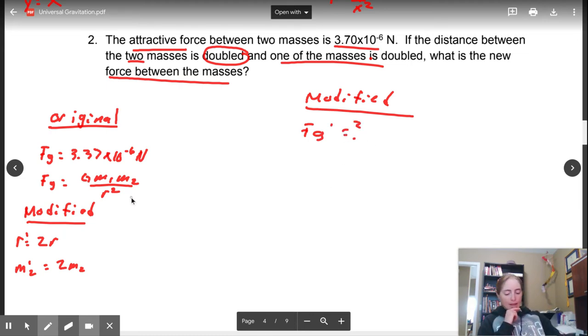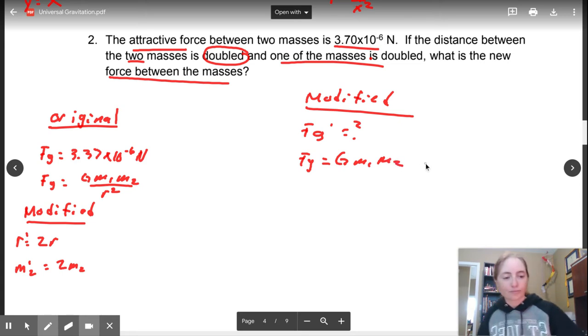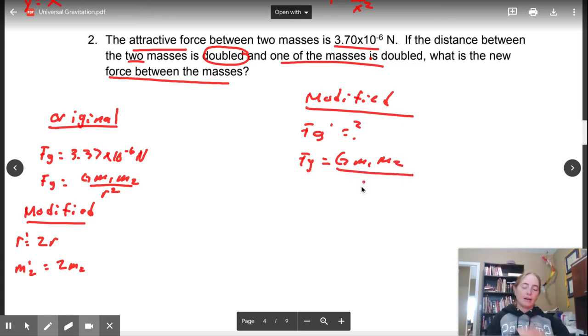And my equation is Fg is equal to G m1 times m2 divided by r squared. So now I'm going to plonk in my modified values. G stays the same.